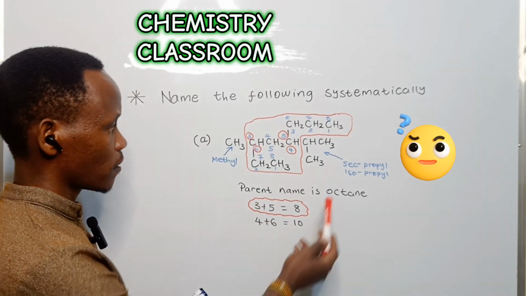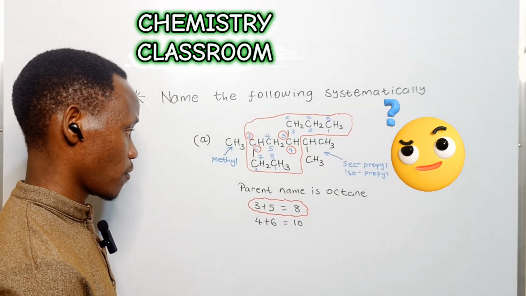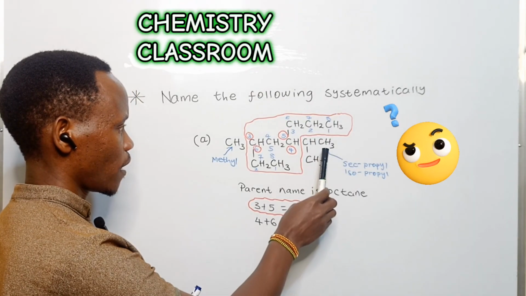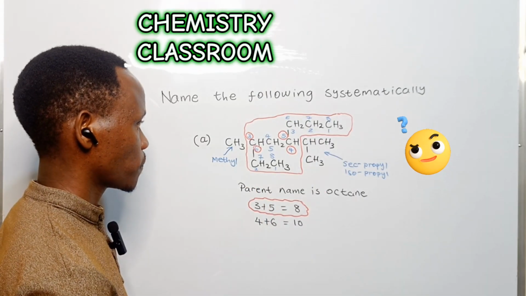Since we have two different alkyl substituents, we write down the name of our compound based on their alphabetical arrangement as follows.